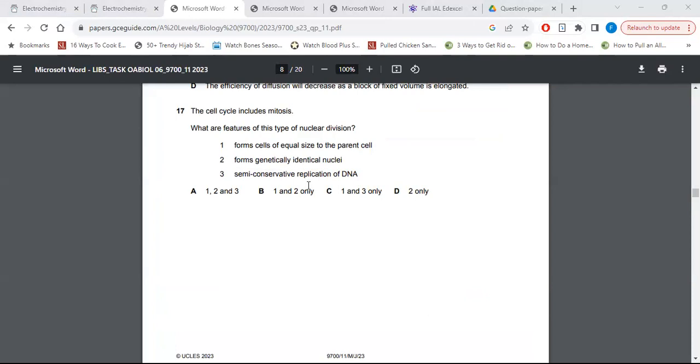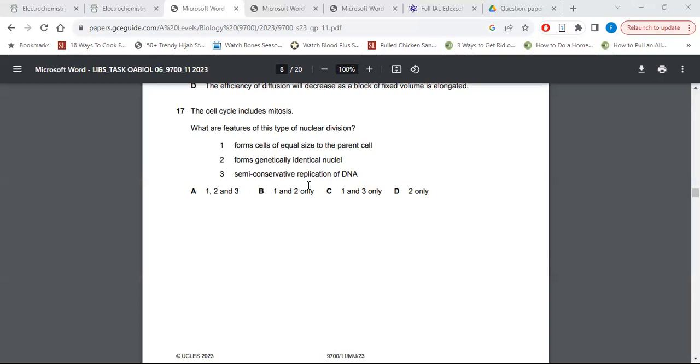Which is correct and which is incorrect? Or are they all correct? What do you guys think? Is statement number 1 correct? We will get a cell of equal size to the parent cell? Yes or no? Yes. All right. What about the second one? Forms genetically identical nuclei. Is that true? Yes.